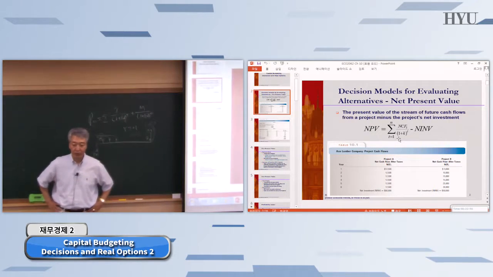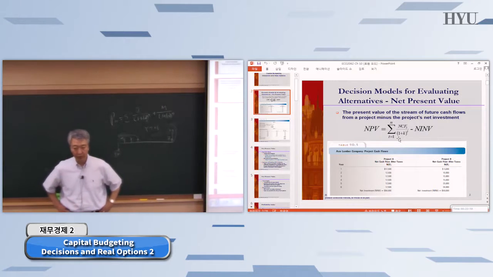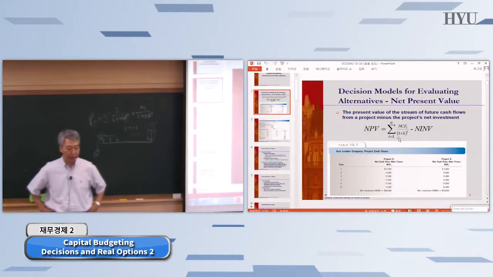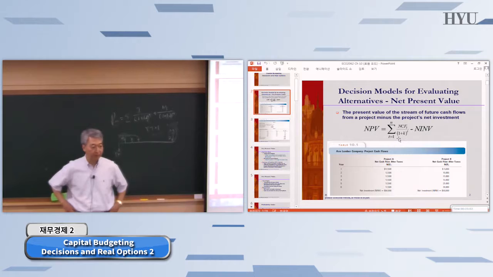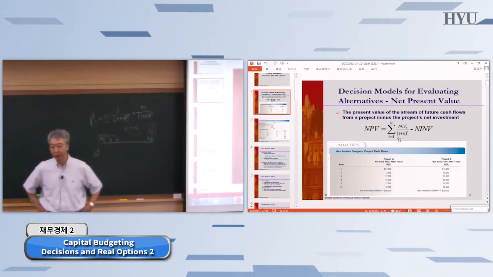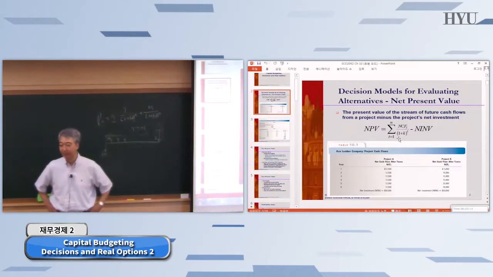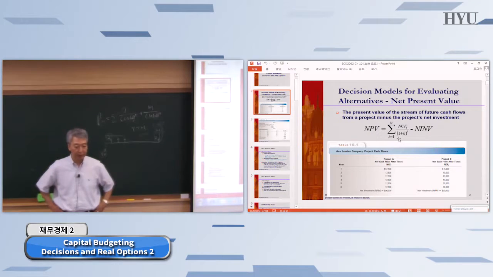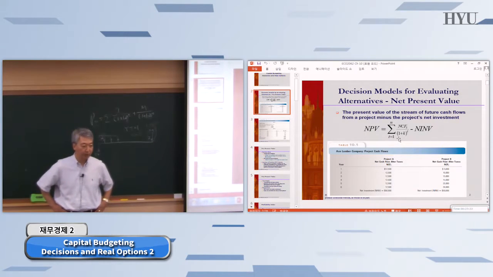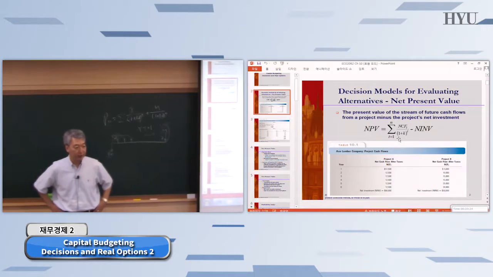IRR assumes that all the intermediate cash flows are reinvested at IRR rate, while NPV approach assumes that all the intermediate cash flows are reinvested at the cost of capital.